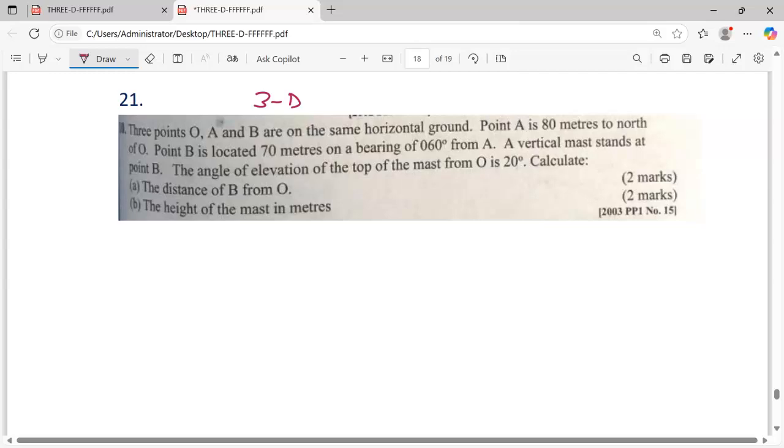Point A is 80 meters north of O. Point B is located 70 meters on a bearing of 60 degrees from A. A vertical mast stands at point B. The angle of elevation of the top of the mast from point O is 20 degrees. Calculate the distance of B from O. That is part A, and part B, the height of the mast in meters.